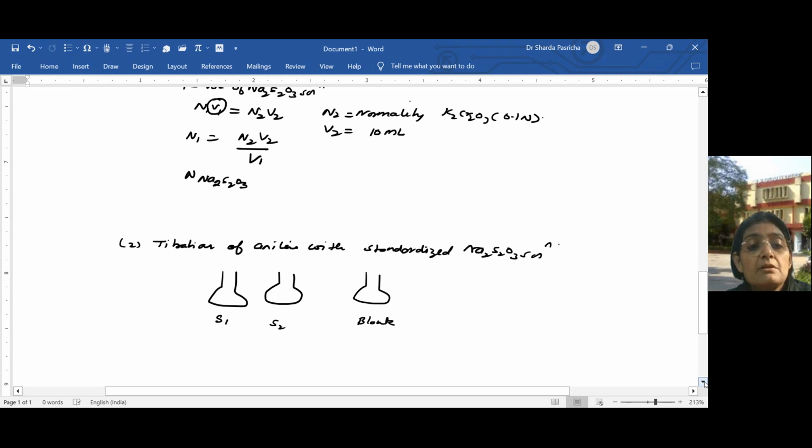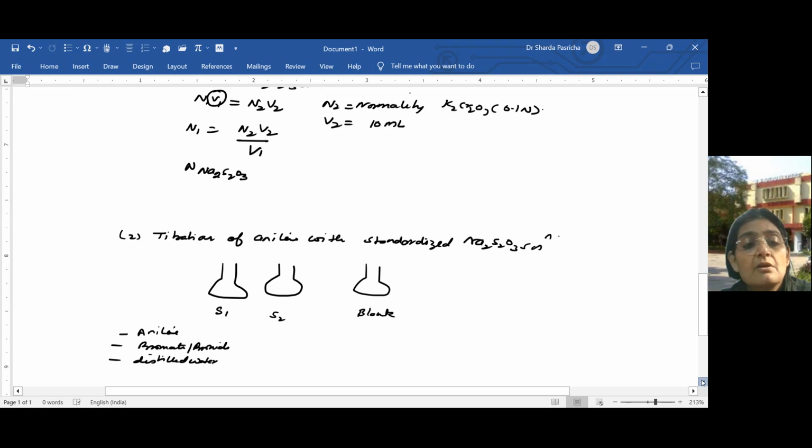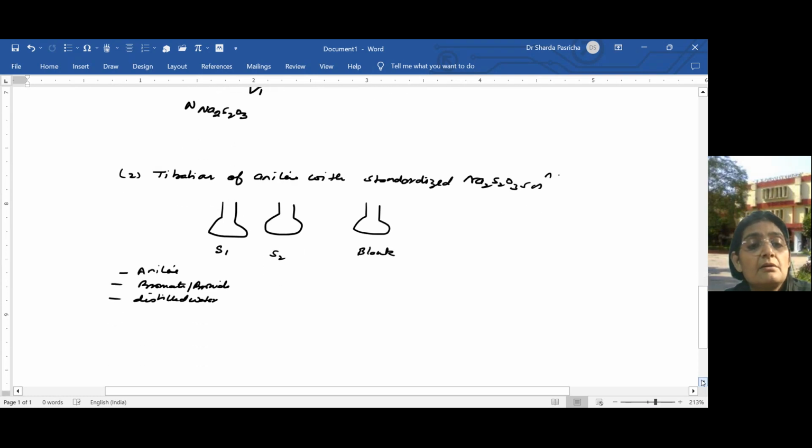To a sample iodine flask, you have to add 4 things: aniline, bromate-bromide, distilled water for dilution, and then conc HCl.